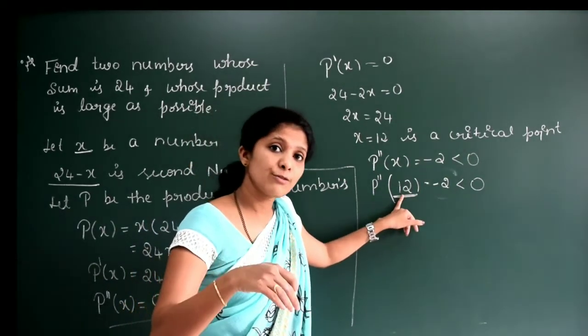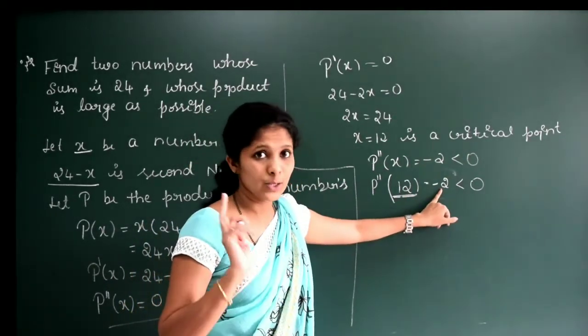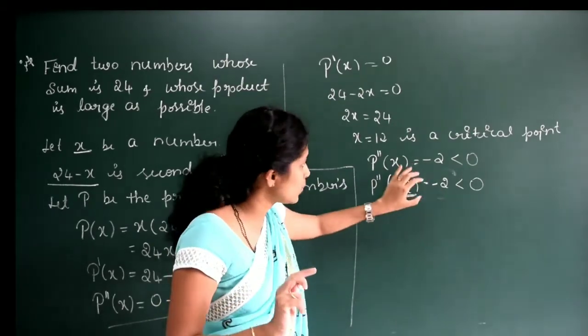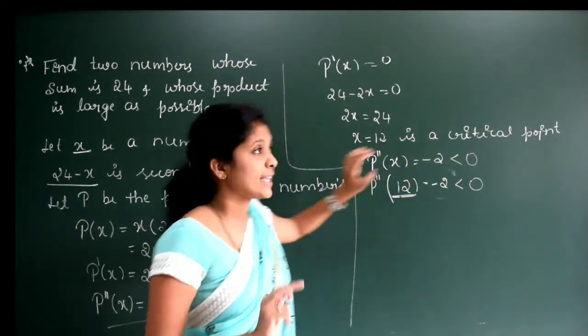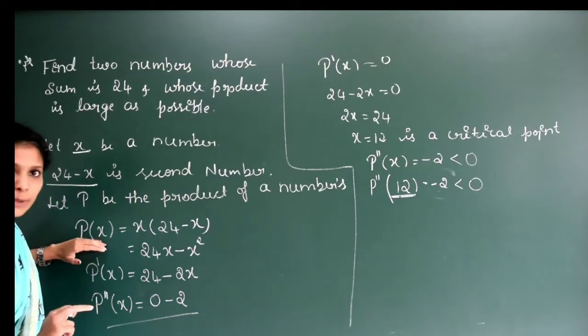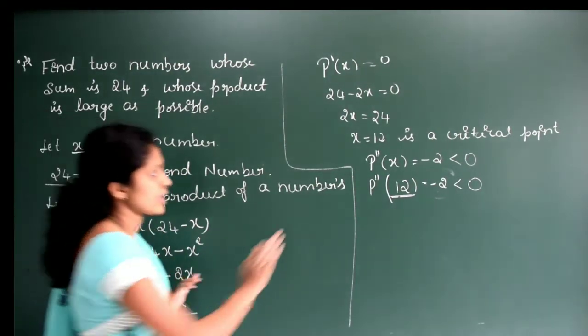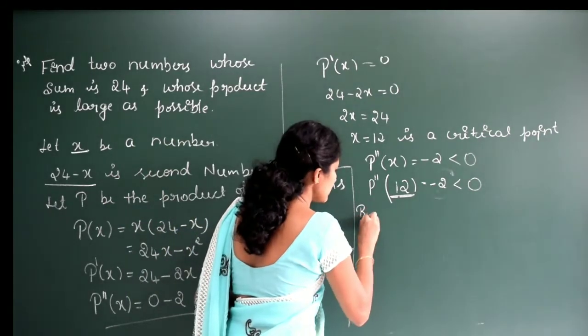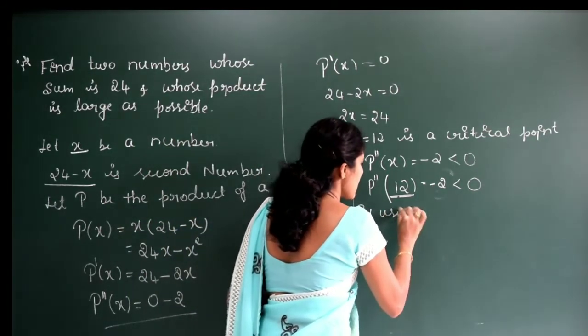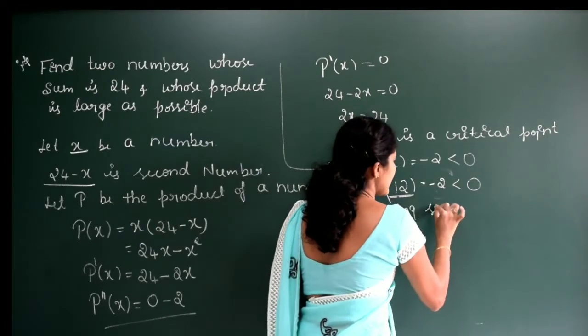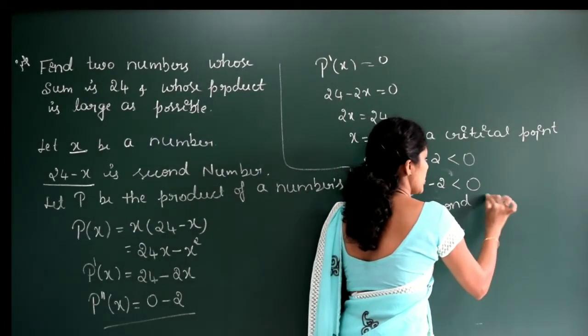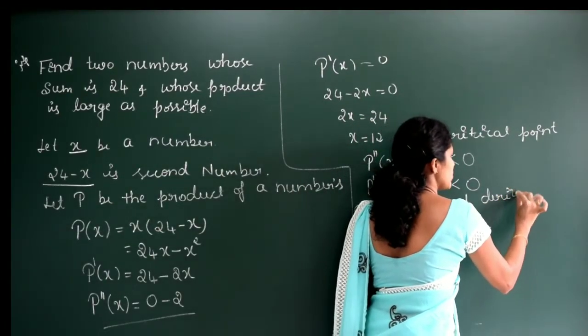To find the maximum value, remember that this is not the maximum value. We need to substitute 12 in the given function. What is the given function? P of x is there. Here we need to substitute. Is it clear? This is important: you have to write which derivative test you used here.